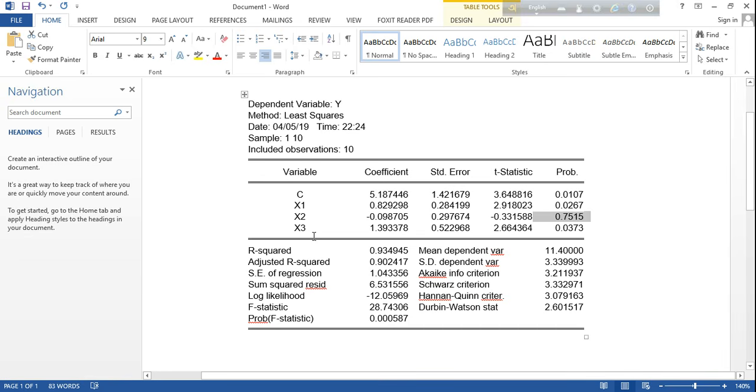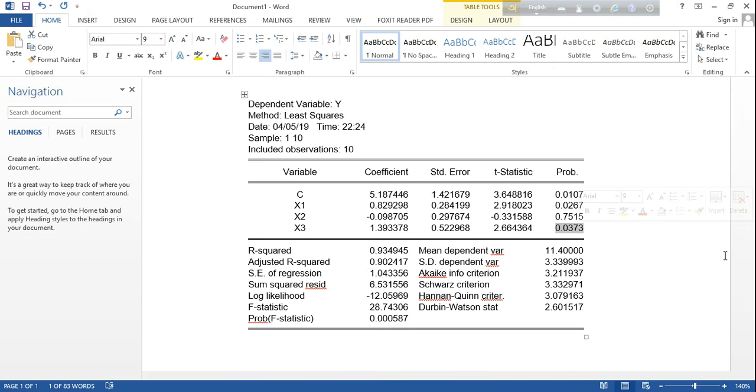And for the third independent variable, we find the probability value is 0.0373, which is also less than 0.05. So x3 is also a significant independent variable to determine y, or we can say x3 is also a significant or important variable.